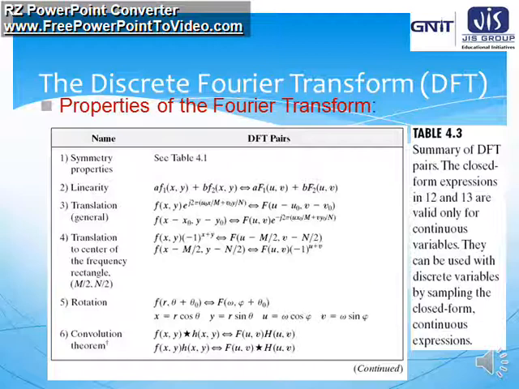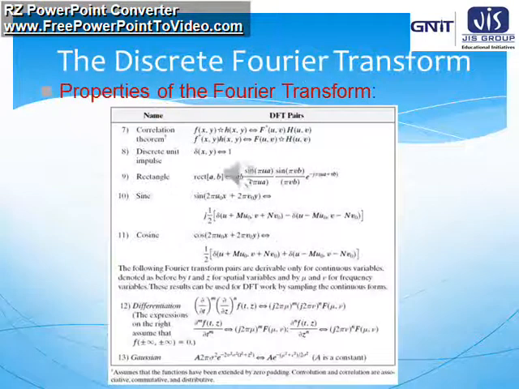So here we can see some names with their DFT pairs. Next, other properties and the DFT pairs of the discrete Fourier transform are given, which are the correlation theorem, discrete unit impulse, rectangle, sine, cosine, differentiation, and Gaussian.